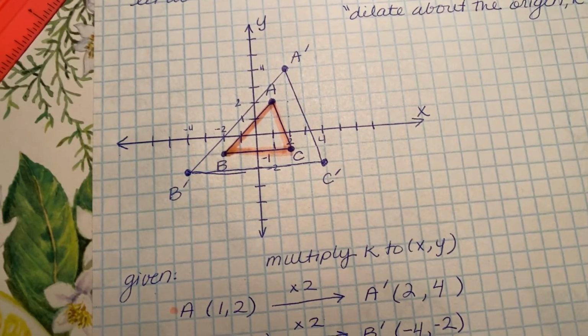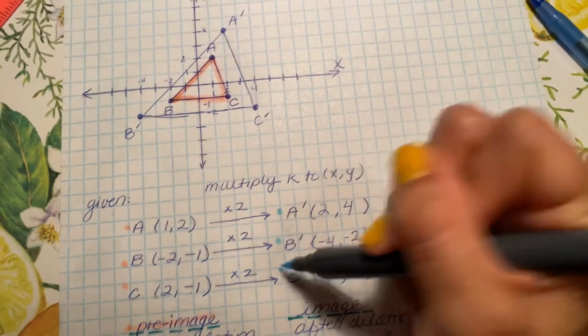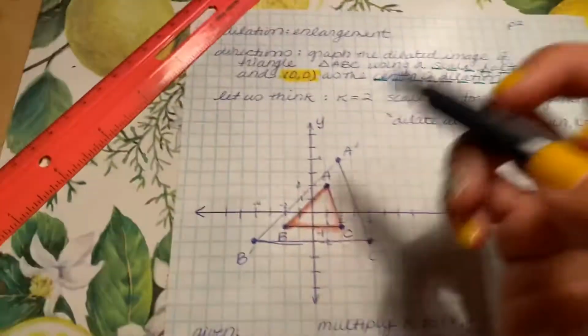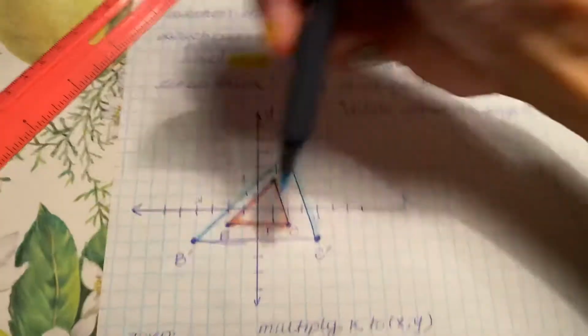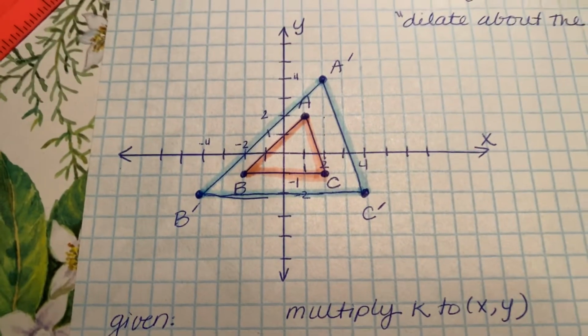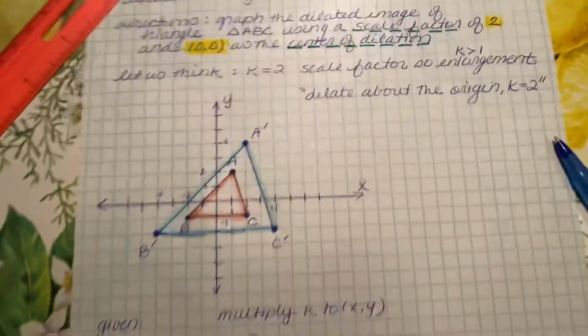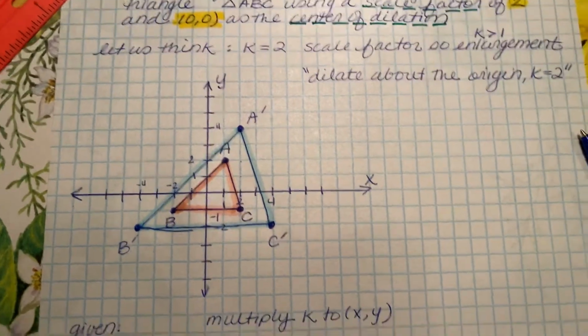Are we good? Yeah, I can keep going. Okay. And so my image will be this blue. Okay. So there's my pre-image in pink. There's my image in blue. That's it. Okay, you're done. This is it, right? 15 and a half minutes into the video, you're done.